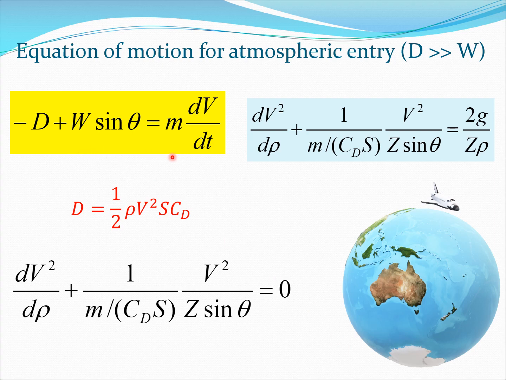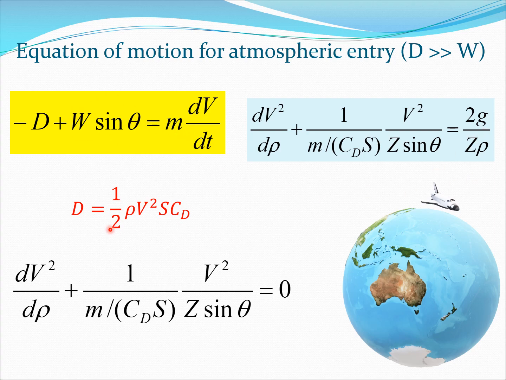So we start with this equation: minus D plus W sin theta is m dv by dt. In our previous lecture, I showed how from this equation we obtain this equation here after several algebraic manipulations. In this equation, the drag term is the CD term here, and the weight term is the g term here.